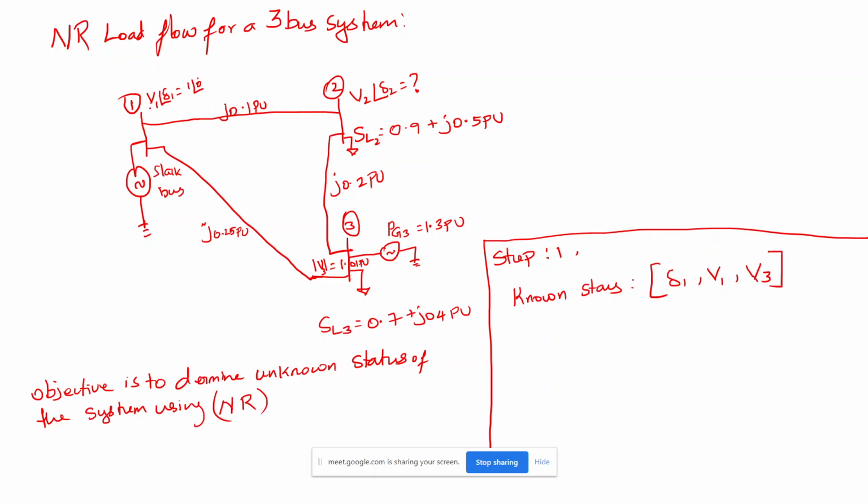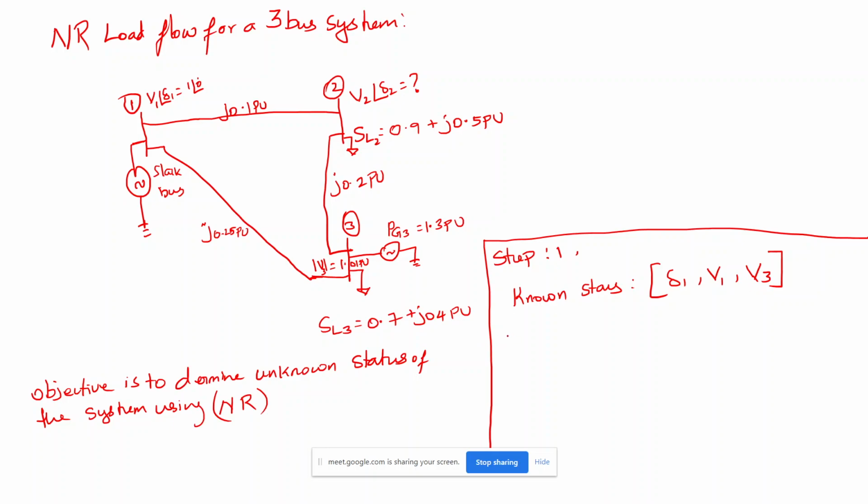Why? Because we can see the slack bus is 1 here, so V1 and del 1 are already known, always known to us. If it is not given also, we will always assume the value as 1 and 0. So del 1 and V1 are known. What is not known to us? The V3 is not known to us, right? Sorry, it is V2. And V3 is known to us. So V3 is given as 1.01.